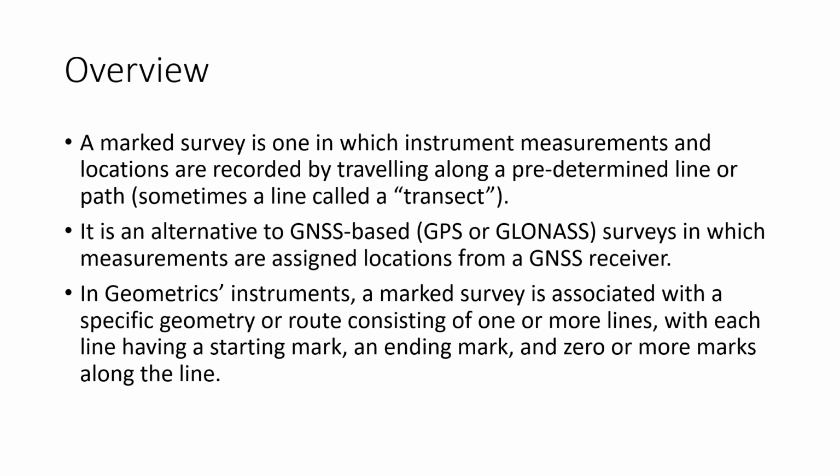In a marked survey, you have some predetermined routes or geometry, and having set those up, you march along them, and your locations are interpolated between beginnings and ends of lines or between marks on the lines. This will make more sense as we get into more descriptions.